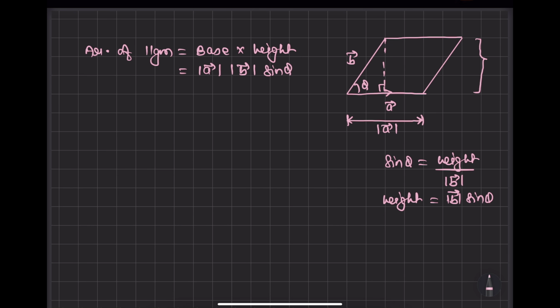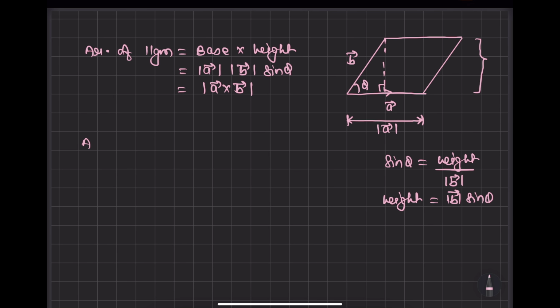If you observe, it is nothing but the magnitude of A cross B: mod A, mod B, sine theta, n cap. N cap is a direction vector, which is a unit vector. So don't you think the area of a parallelogram is the magnitude of A cross B?